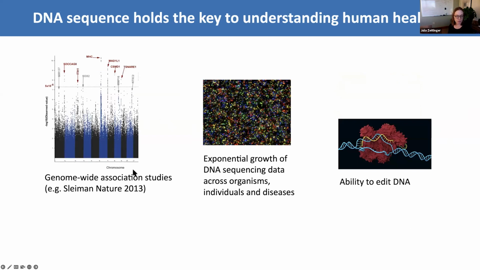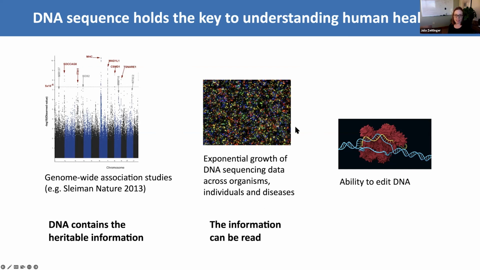We know this from genome-wide association studies of diseases or other traits. So we know that the information is there, but we can't pinpoint exactly what the mutations are. And we also don't know the mechanisms by which these traits and phenotypes arise. So again, we know it contains the heritable information.